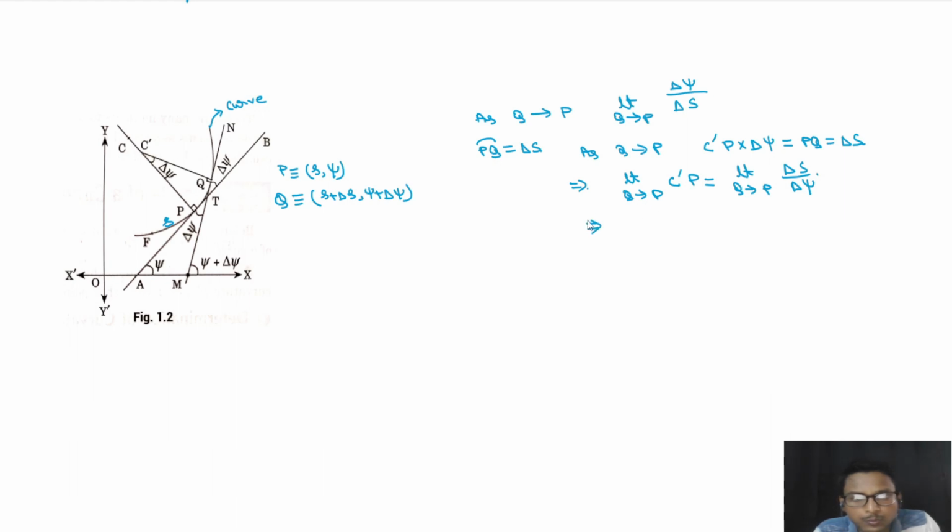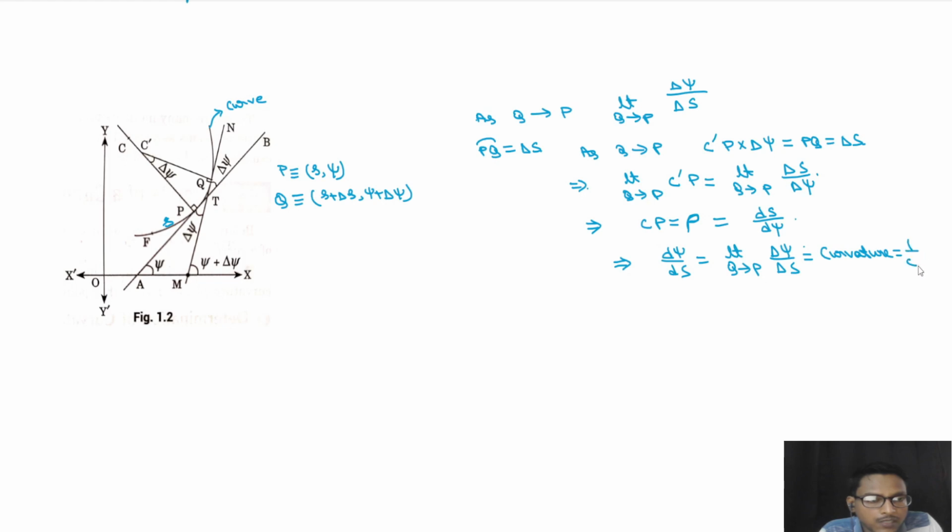Now as Q approaches P, this C dash P will be CP, which we call the radius of curvature and denote by rho, and now this will be ds by d psi. Okay, and from here we can write that d psi by ds, which was nothing but the limit as Q approaches P of delta psi by delta s, is our curvature, and this is the reciprocal, 1 by CP, where CP is the radius of curvature.